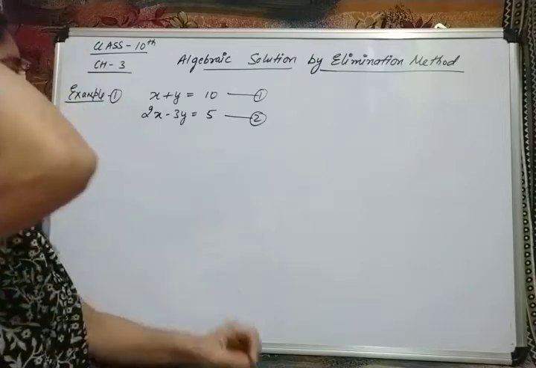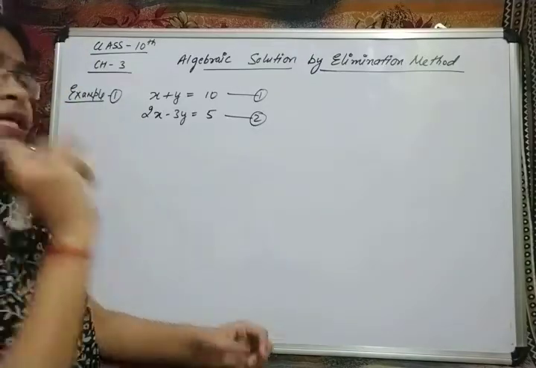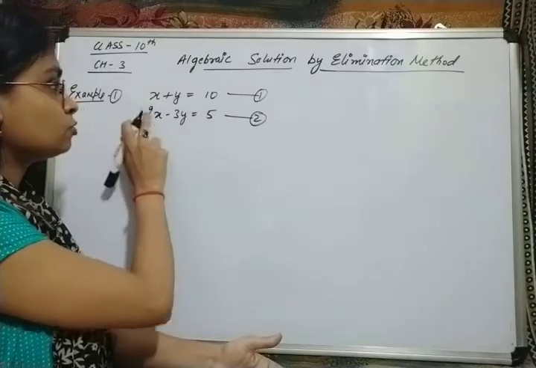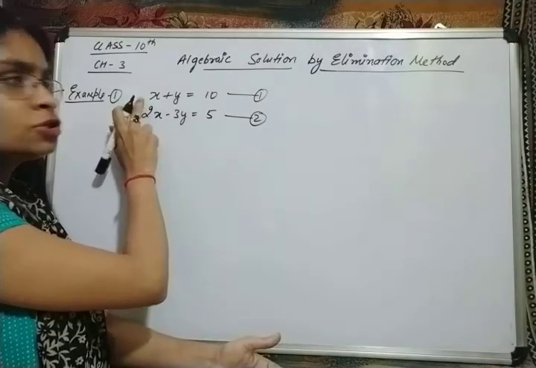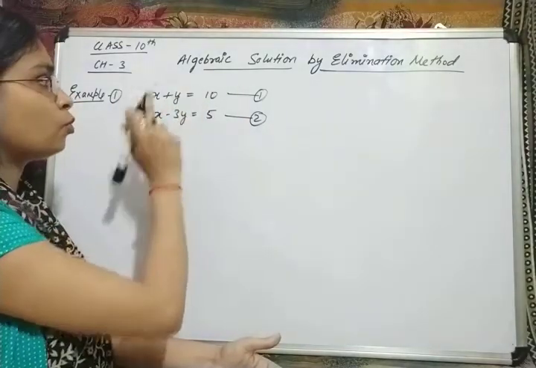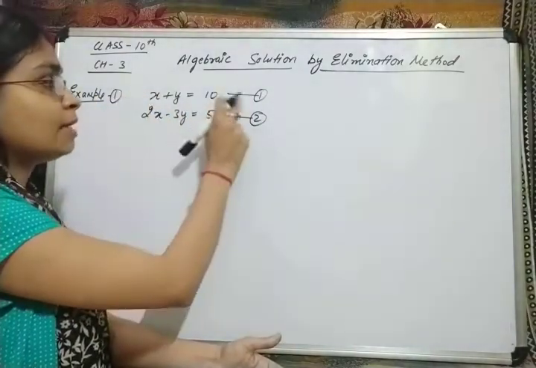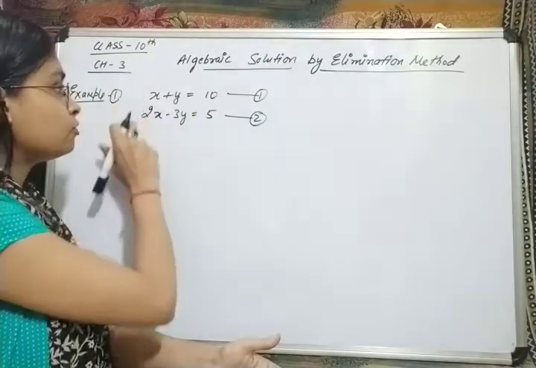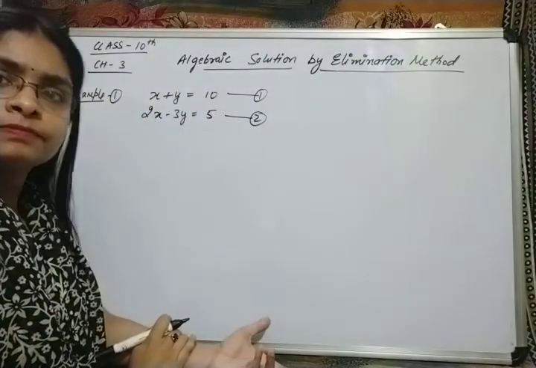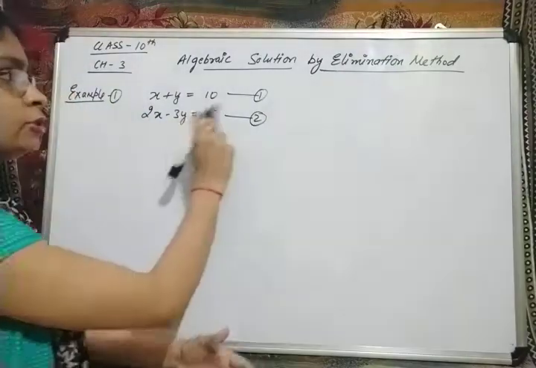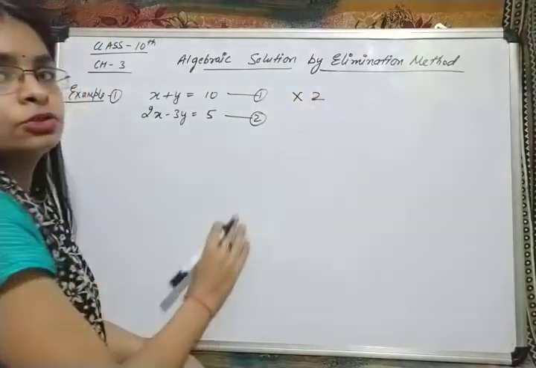To make the coefficient of x the same, here it is 2 and here it is 1. If I multiply equation 1 by 2, then the coefficient of x will become the same. So I am going to multiply equation 1 by 2.